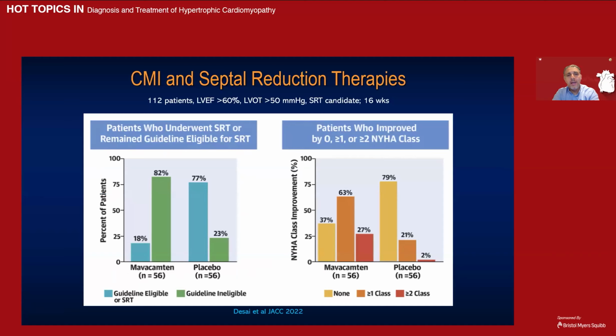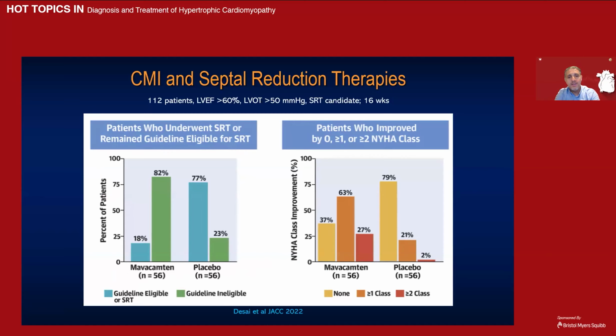These patients, as you will hear from Dr. Zidane in the next presentation, were typically referred, those patients who have symptomatic obstructive HCM despite therapy, are referred for septal reduction therapy.